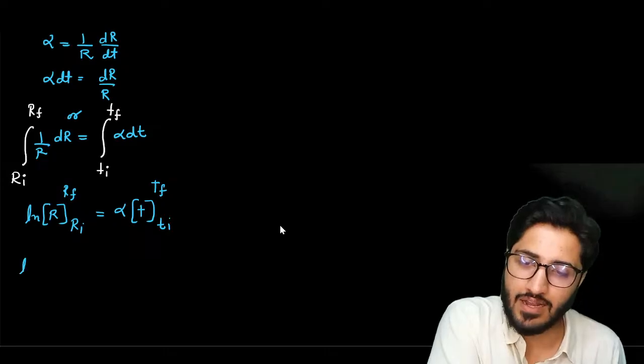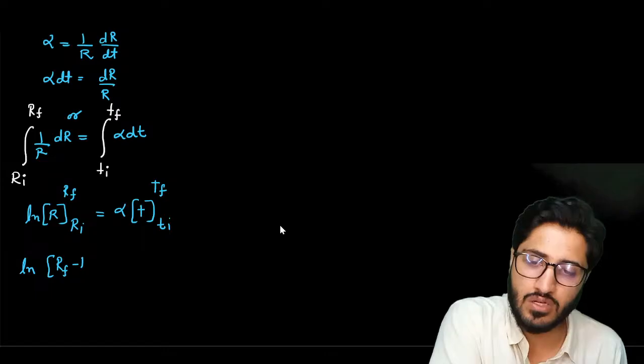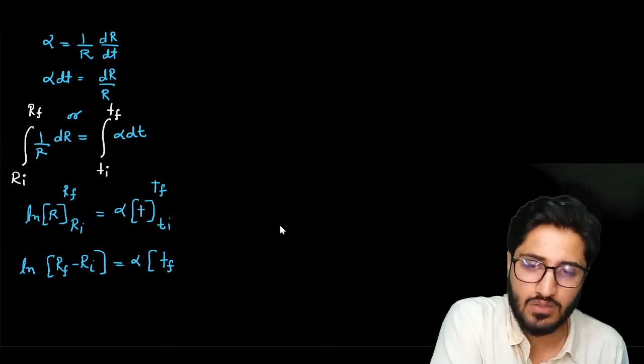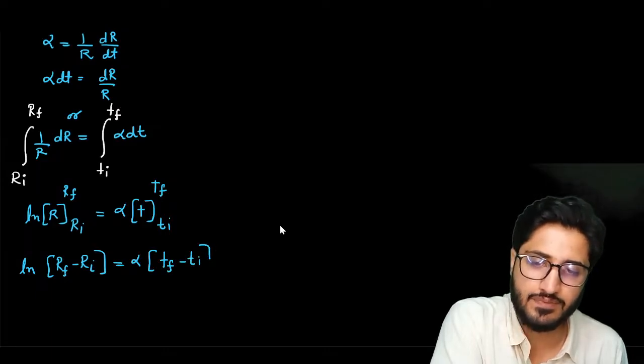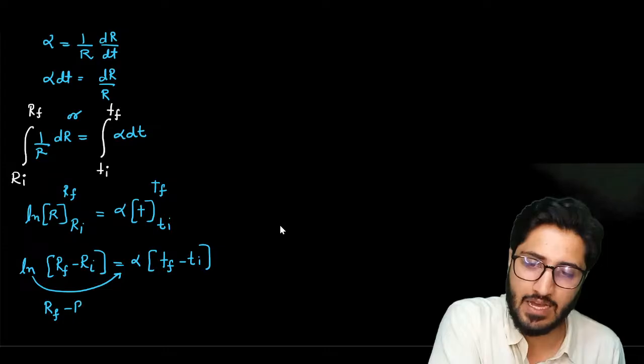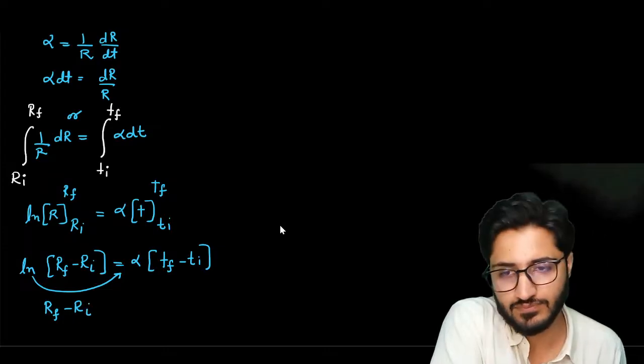So I will write ln R final minus ln R initial equals alpha times (T final minus T initial). If we take the exponent here, it will become e.